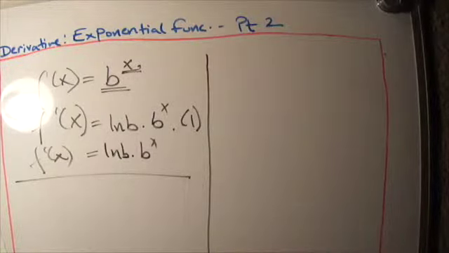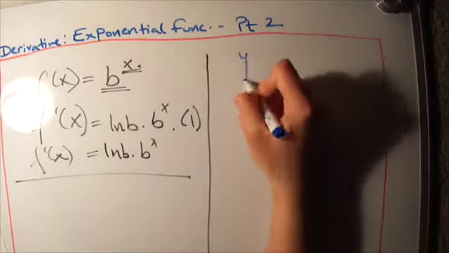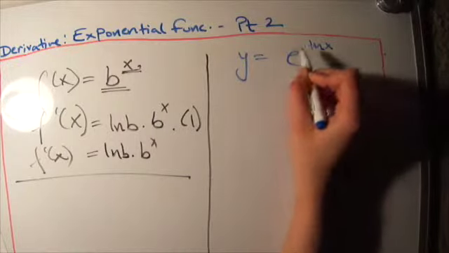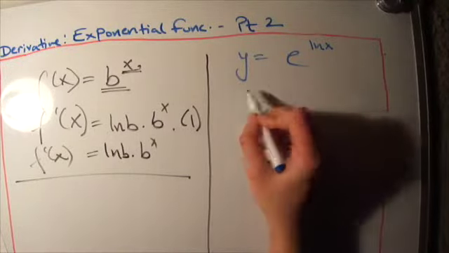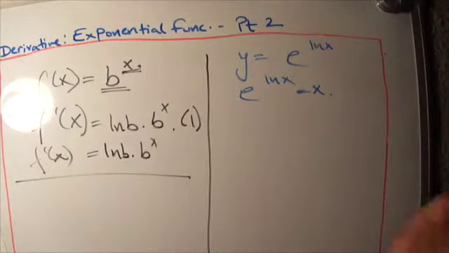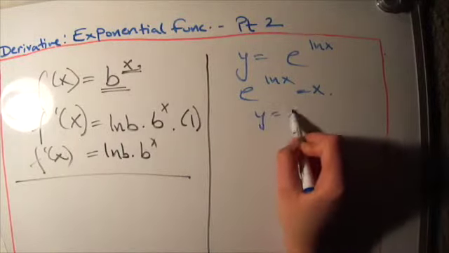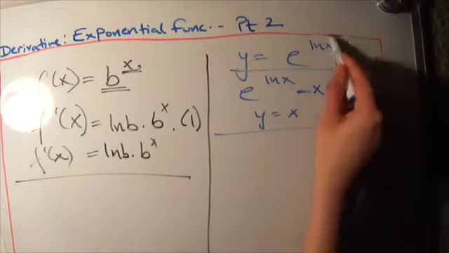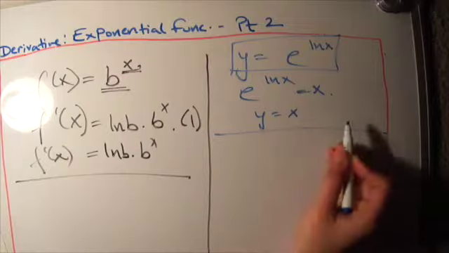The other rule which you have is that if you have a function y equals e to the ln of x, then this function should be equal to x. So e to the ln of x equals x, which essentially means that y equals x. To prove this, we'll take this function and take the ln on both sides.